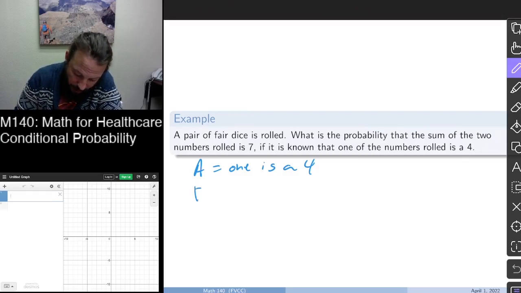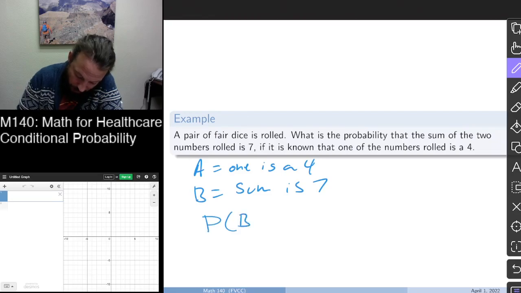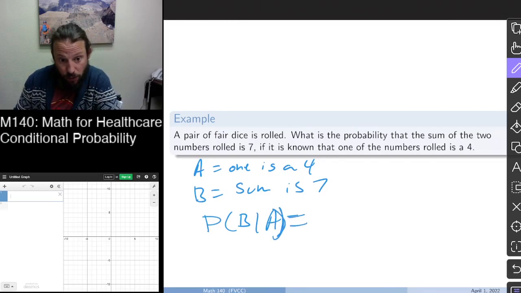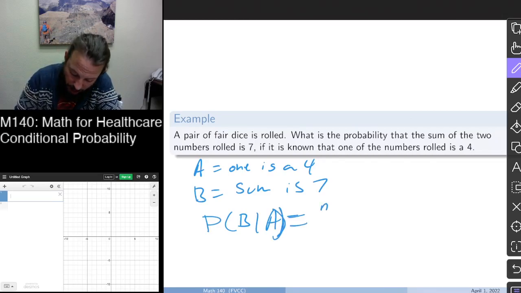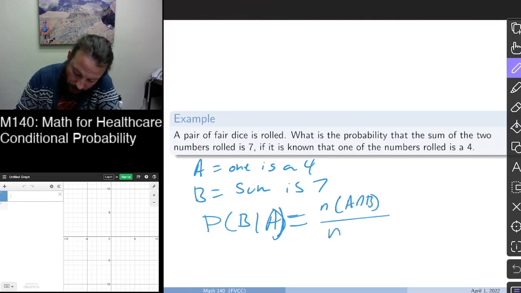And B is the event that the sum is 7. I'm looking for the probability of B given A. Because the dice problem is a uniform sample space, this is the size of A intersect B over the size of A.